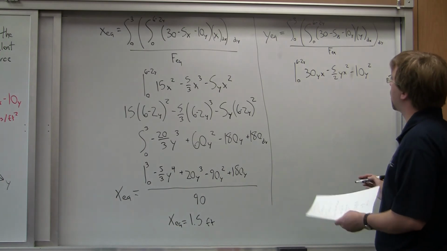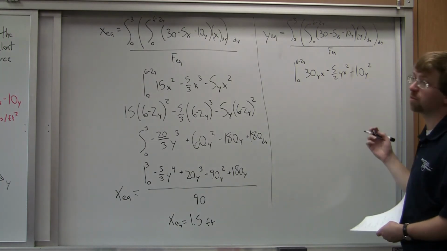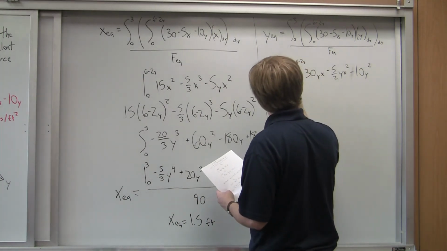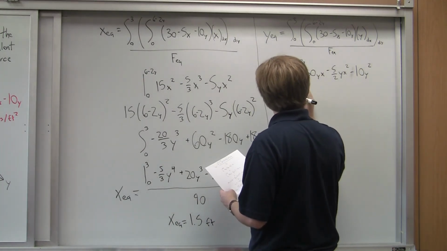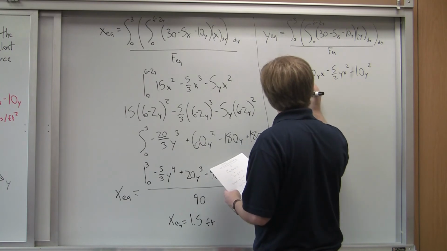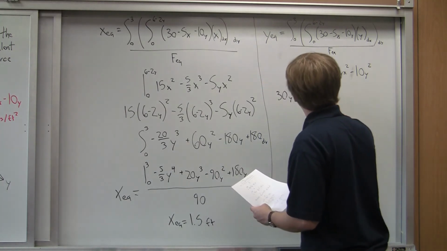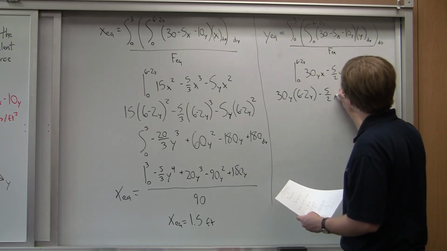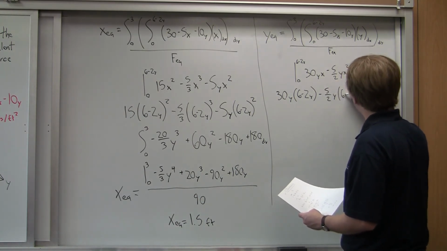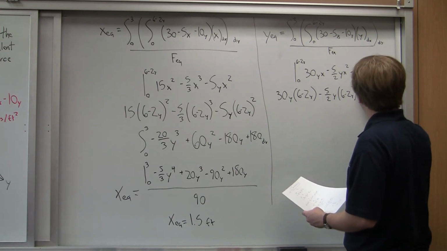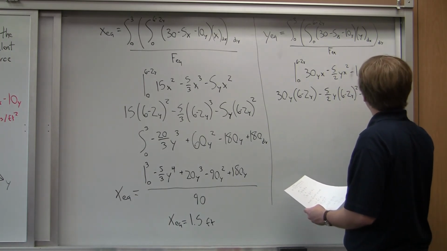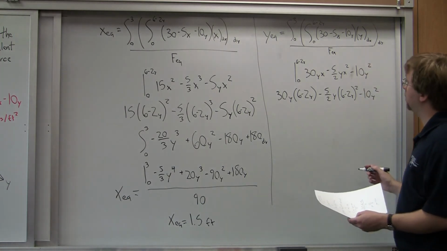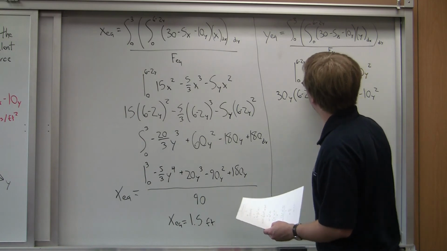So we plug in, everywhere we've got an x, 6 minus 2y instead. So it's going to be 30 times y times 6 minus 2y minus 5 halves times y times 6 minus 2y squared minus 10y squared.